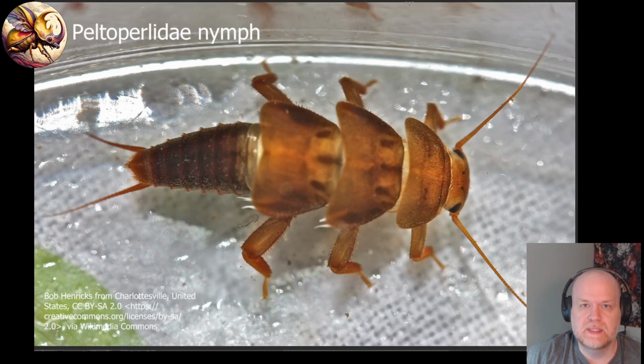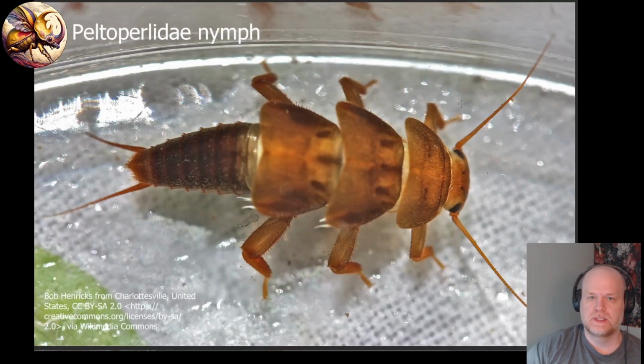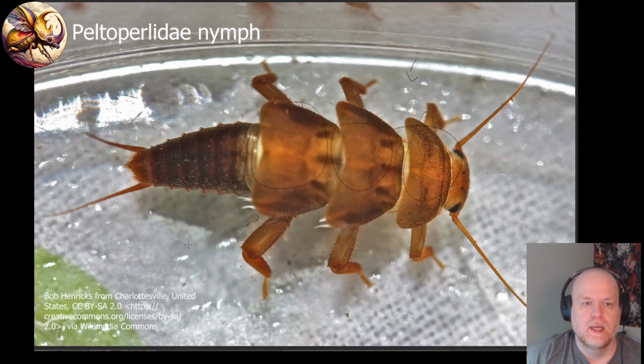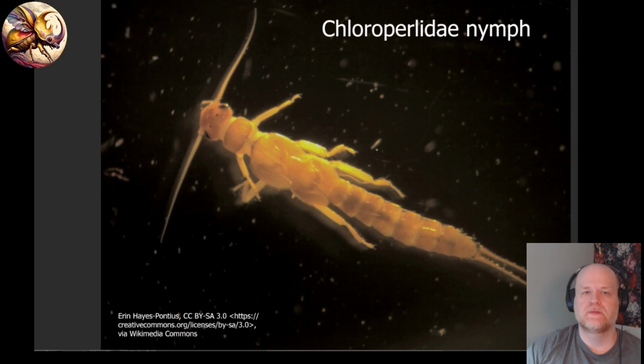But this particular group, the Pteronarcyids, have a very different body structure, as you can see here. These much wider thoracic nota will eventually develop into the wing pads. Even though we're not going to go into the individual families today, you can already see that there's a different body structure.